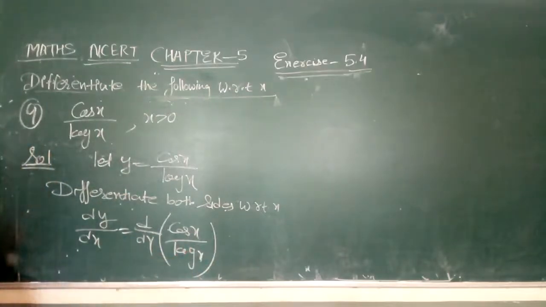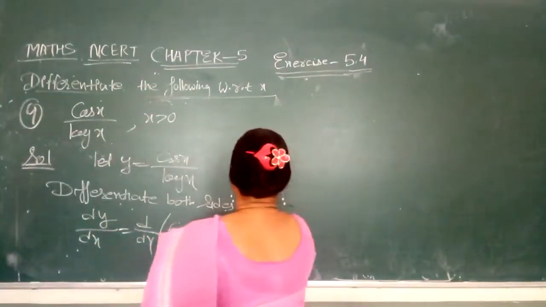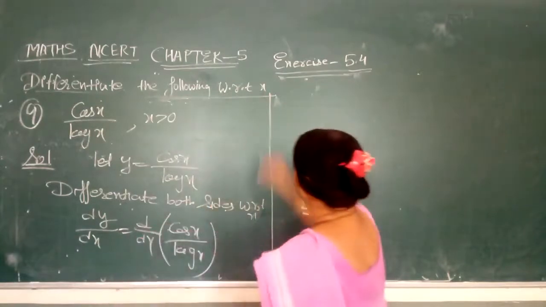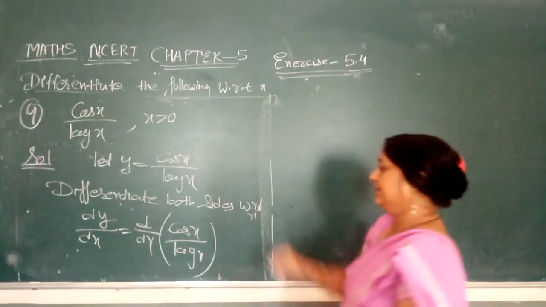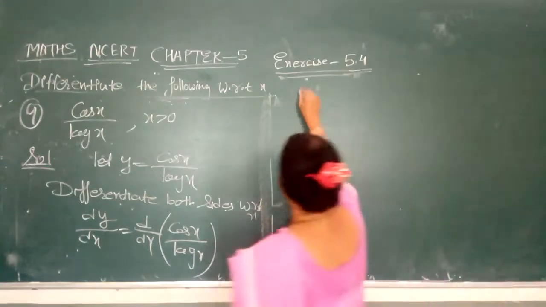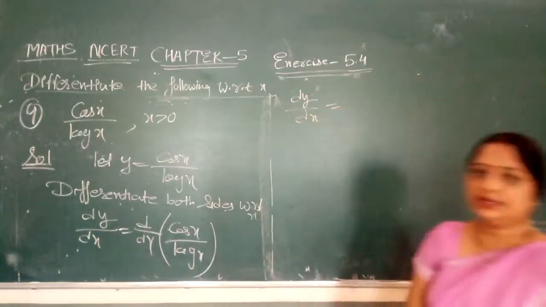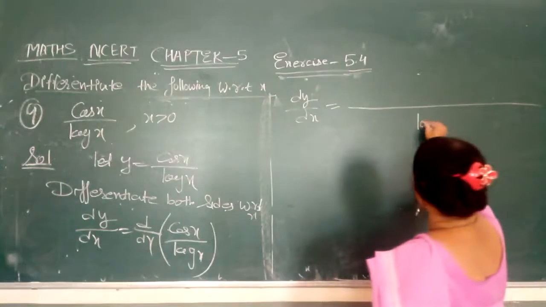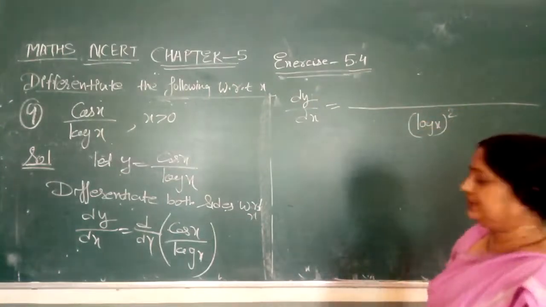After that, we will write here dy upon dx. You will apply here u upon v. So the denominator is v squared, here log x whole square or log square x. You can write any term.